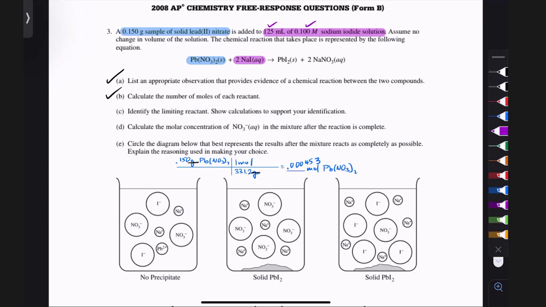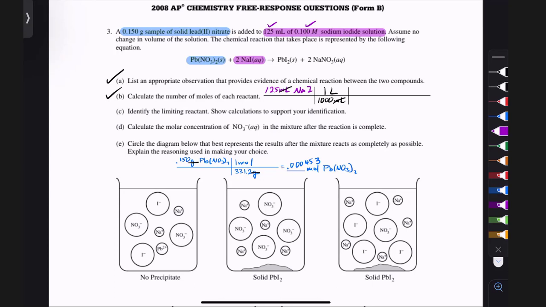So that's the technique I'm going to use. I am going to take 125 milliliters of sodium iodide solution. Sodium iodide is NaI. And I'm going to show a little conversion from milliliters to liters, and that's going to cross out the milliliters.